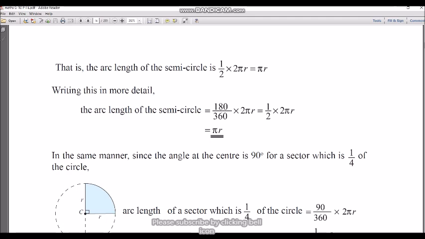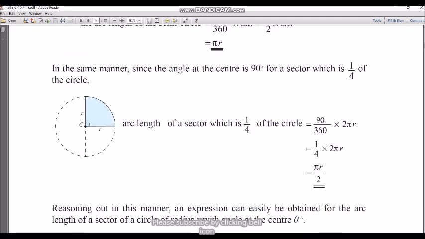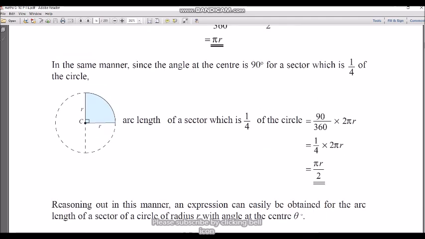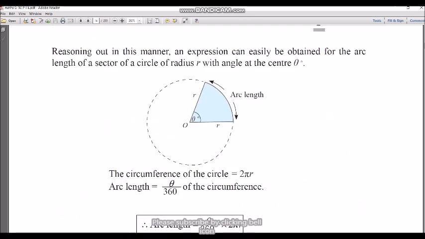We know the whole circumference of the circle is for 360. So the arc length is proportional to the theta value, or the angle at the center. For a circle, the angle at the center is 360, and for a specific arc length, it is theta.